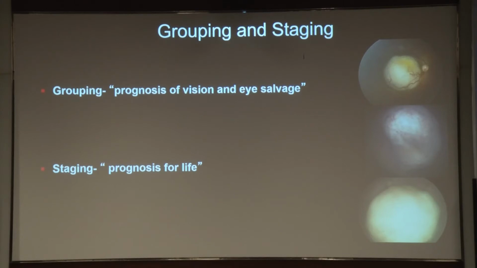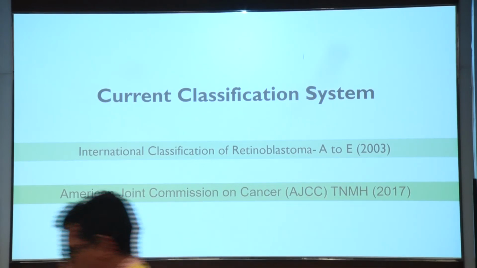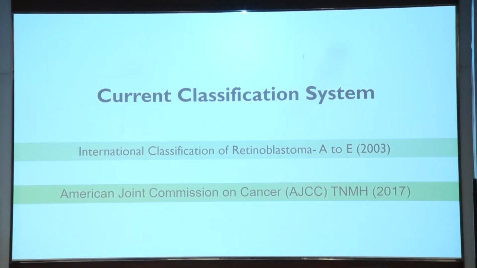Now, grouping and staging in retinoblastoma. So grouping is basically for prognosis of vision and eye salvage, and staging is basically for prognosis for life. All right, so the current classification system that we use is the International Classification of Retinoblastoma. I'm sure all of you know about it, A to E. It's very easy, universally used, which was put forward in 2003, and the American Joint Commission of Cancer, AJCC TNMH classification, TNMH, mind it.